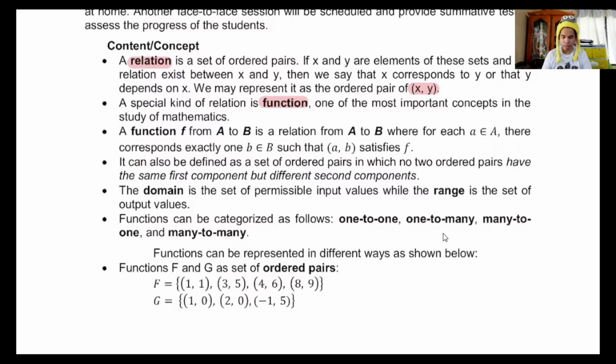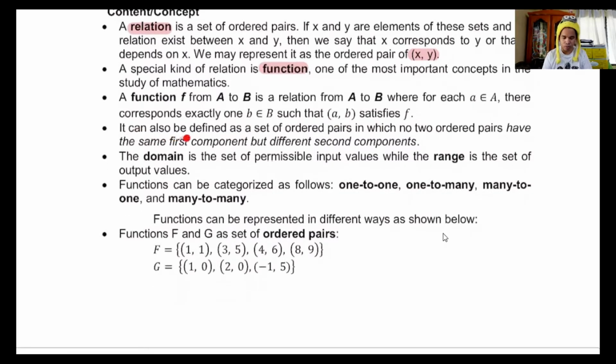So, dapat nag-practice ta kung saan na siya og basa. Okay. It can also be defined as a set of ordered pairs in which no two ordered pairs have the same first component but different second components. Okay lang nga magbalik-balik ang second component as long as the first component dili siya pwede magparehas.